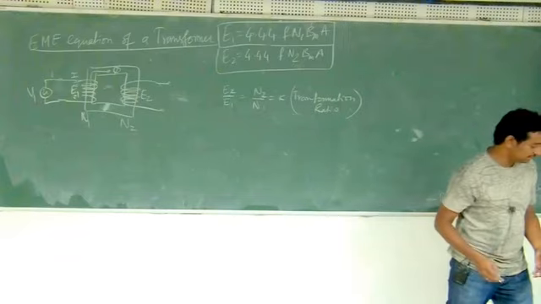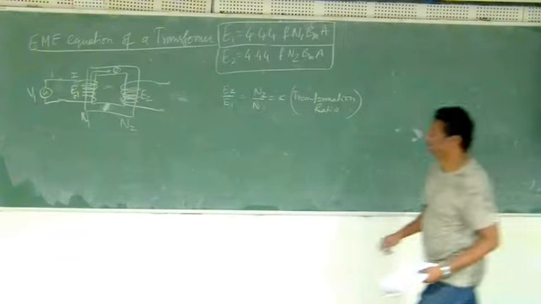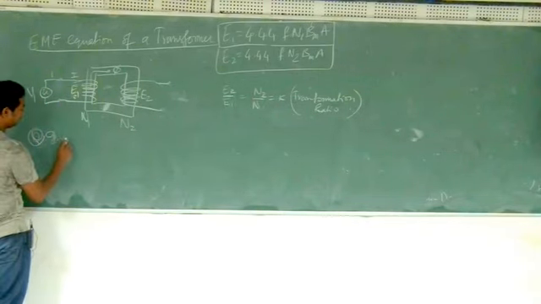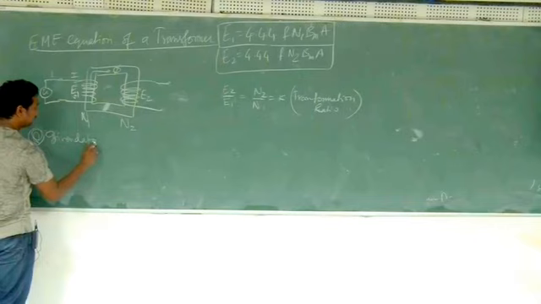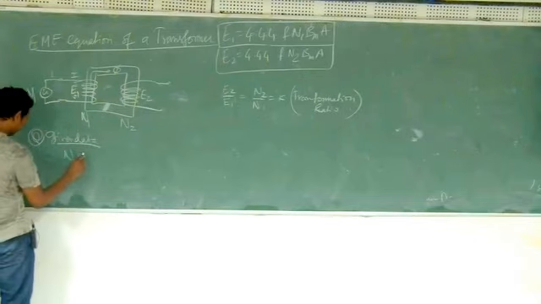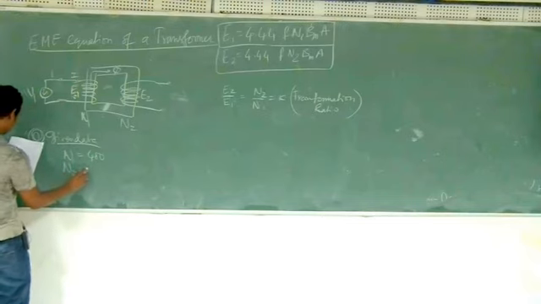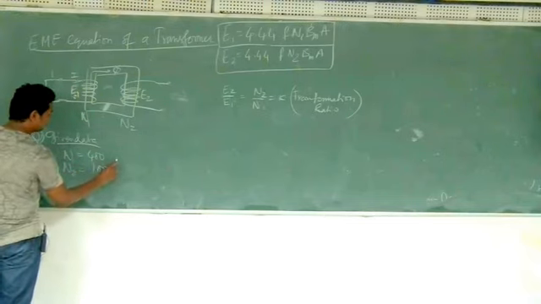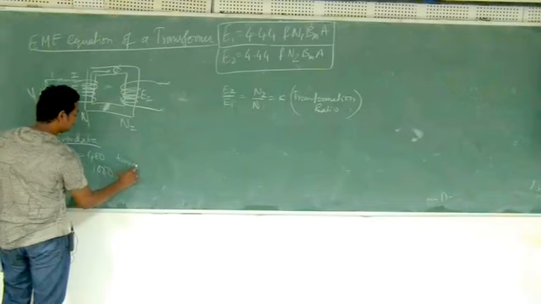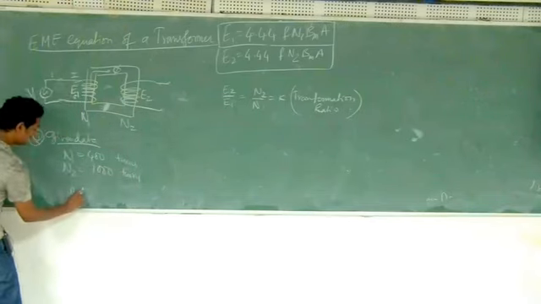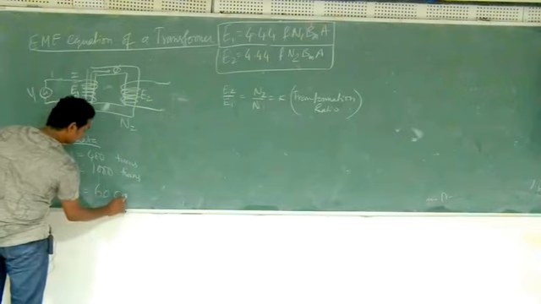So the question is something like this. For a particular transformer, this is the given data: N1 equal to 400, N2 equal to 1000. So these are turns. And then area is 60 centimeters square.